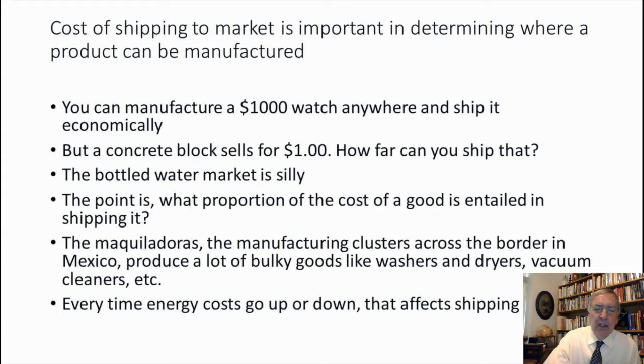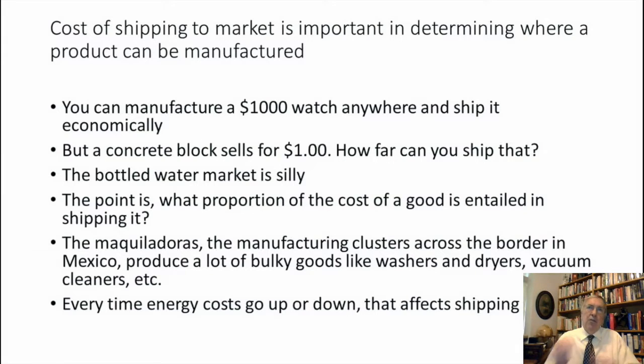And literally every day, every time that energy costs go up or down, that affects shipping distance and where manufacturing locates. If tomorrow the price of oil doubled, we'd bring back a lot more manufacturing to the United States, because all of a sudden all these things are being shipped all the way from China and from Europe or from India or wherever they're coming from.